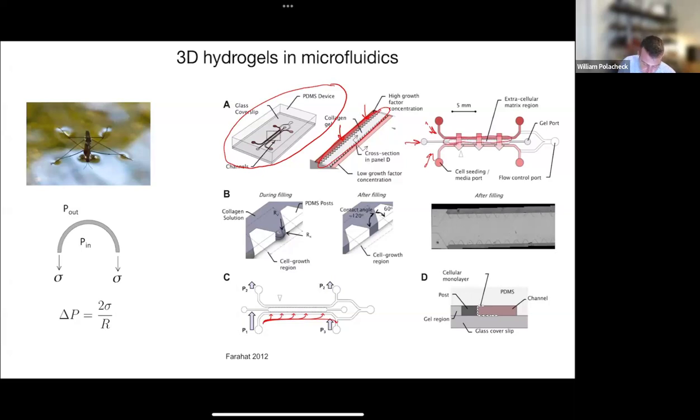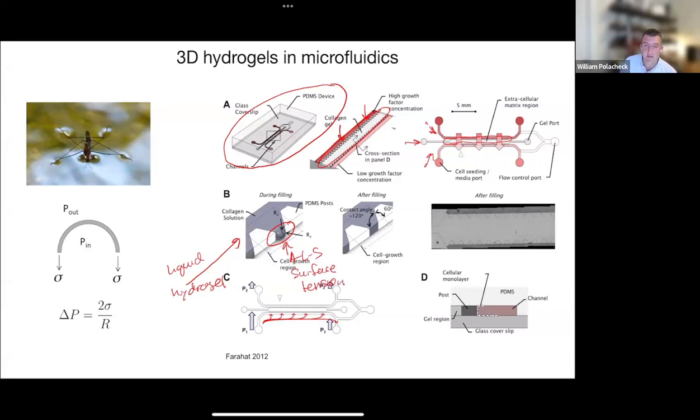The spacing between those saw teeth is narrow enough that if I inject a liquid hydrogel, there is an air-liquid-solid interface and surface tension between the posts.